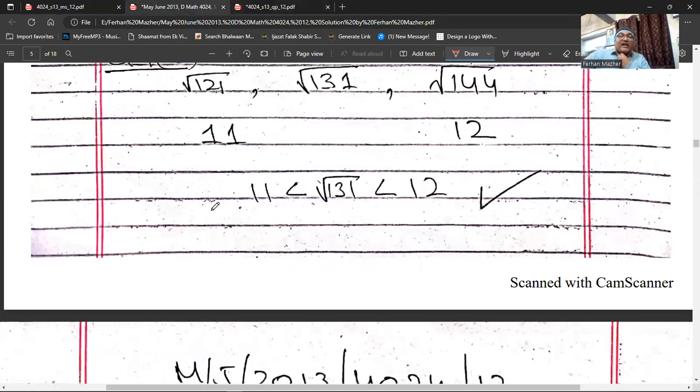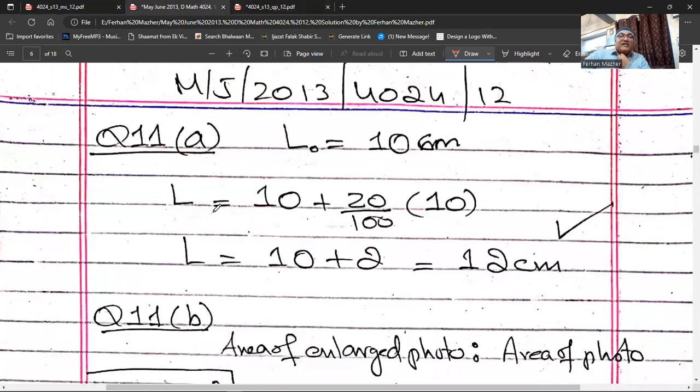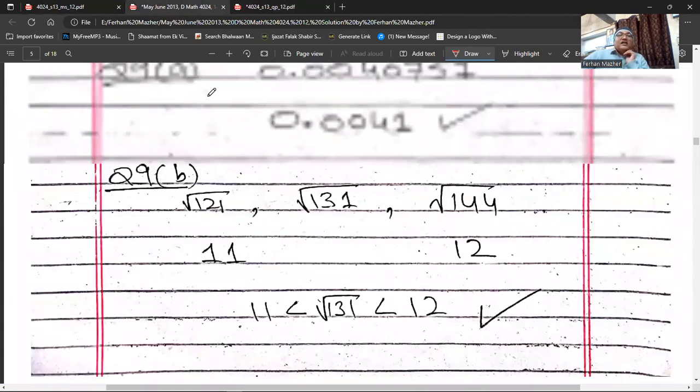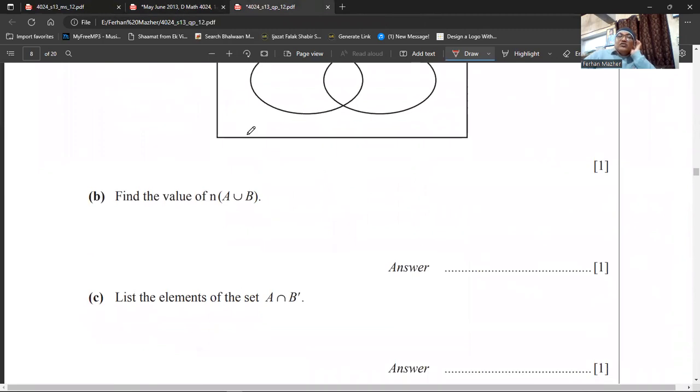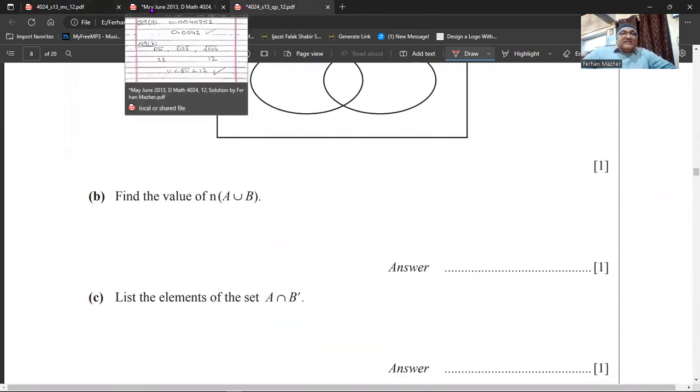Okay, so I can write the numbers here. Let me show you question number 10. I will write these numbers.